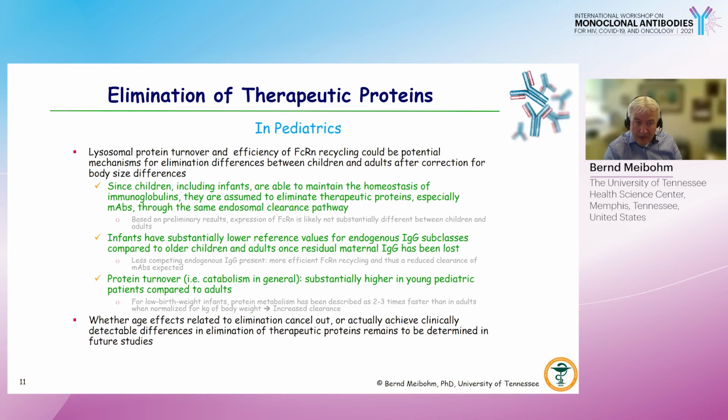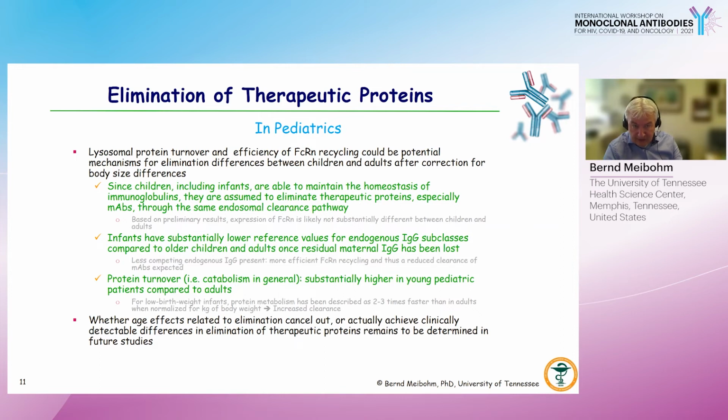So if we summarize and look at this with several other processes, lysosomal protein turnover and the efficiency of the FcRn recycling could be potential mechanisms for elimination differences between children and adults after correction for body size differences, if we consider only unspecific proteolytic degradation.